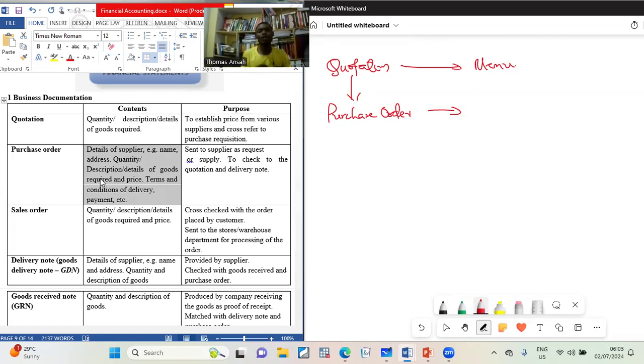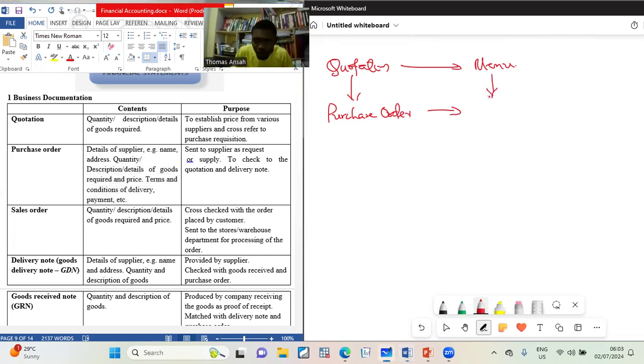Once you have done that, you send it to your supplier for him to cross-check with the quotation they sent to you, to see if they have it available to supply you. This is like you going through the menu to make your selection. Just the same thing.